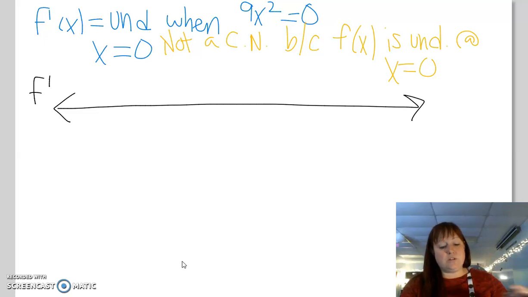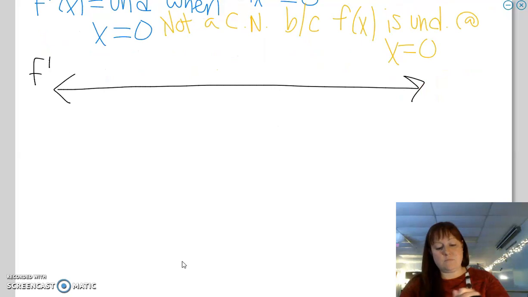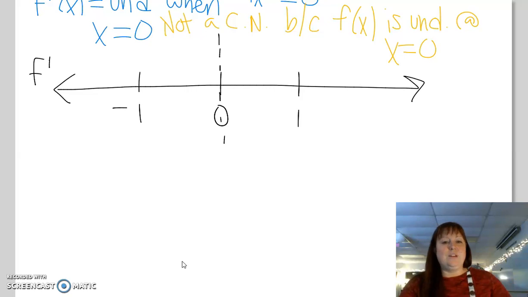So our critical numbers are -1 and 1, and our domain restriction is 0, and I'm actually going to draw a little kind of almost like an asymptote there because it's a domain restriction. So I just want to remember that that's a domain restriction, not a critical number, just so that I can keep track of what I'm doing here.